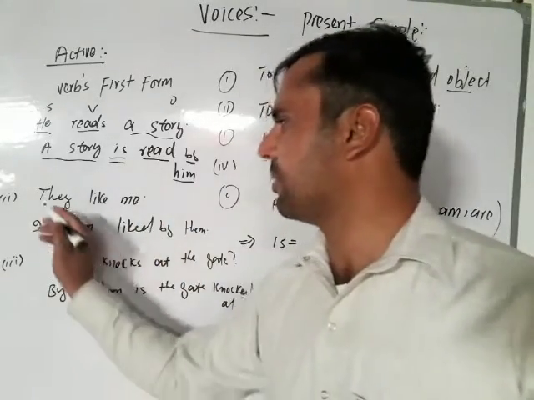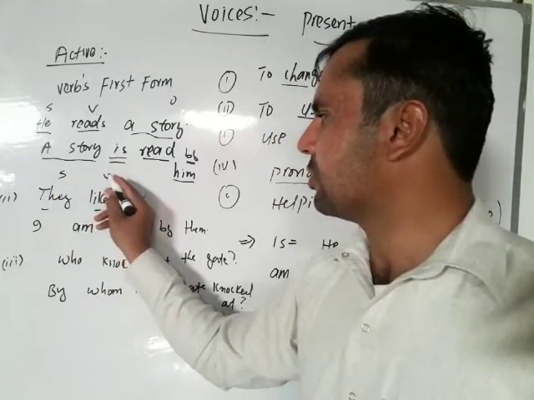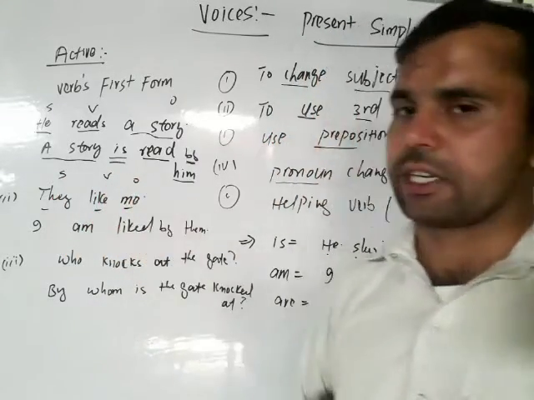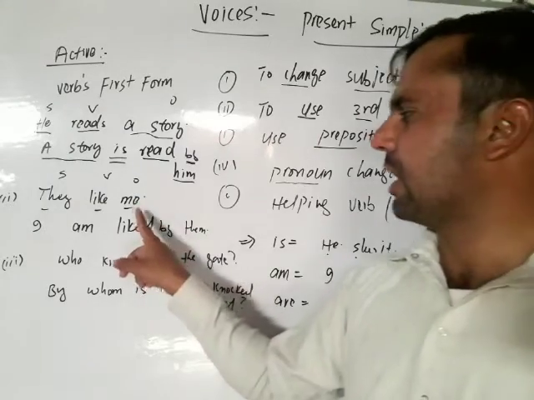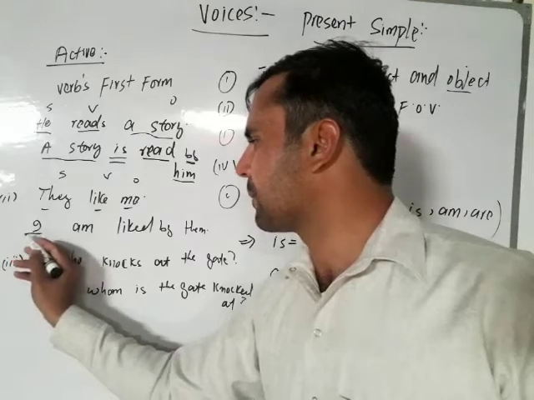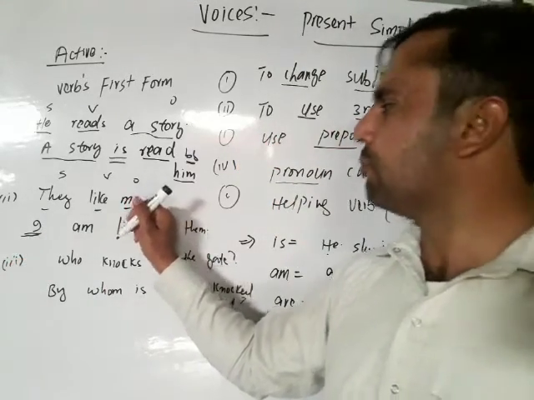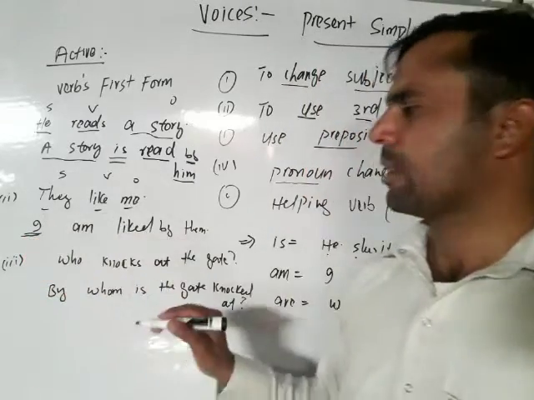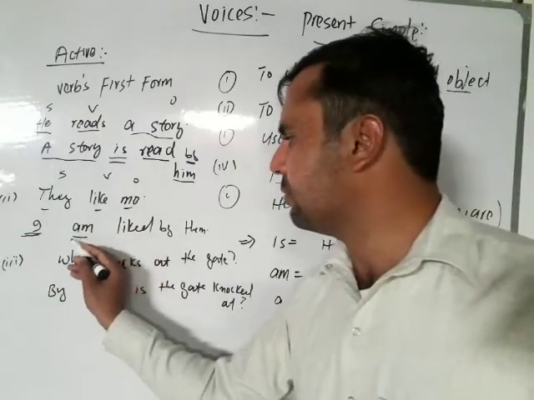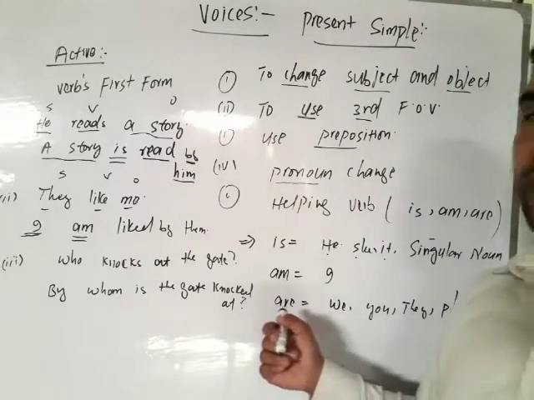This is another example. They like me. Now they is the subject, like is the verb, and me is the object. Now again we will have to take the object to the start, and it is I. And we also change the pronoun me into I. And then we use the helping verb am with it, as I discussed over here.